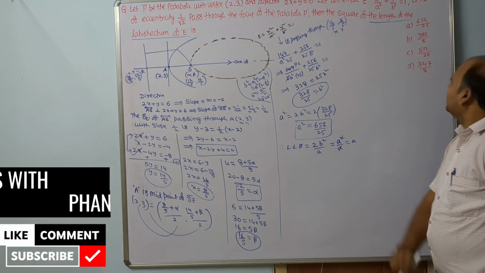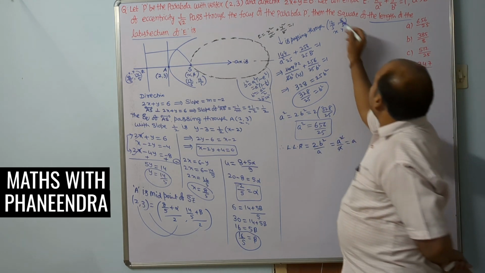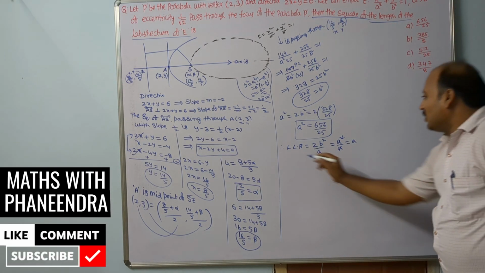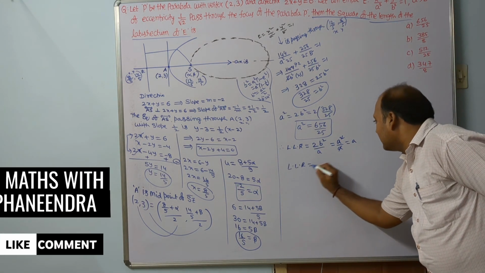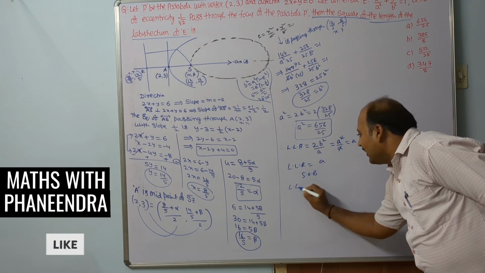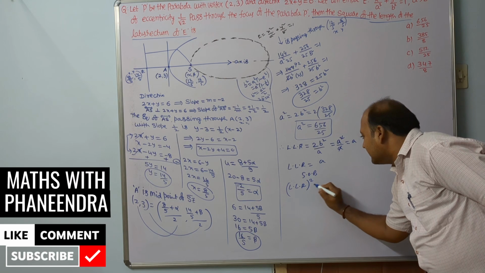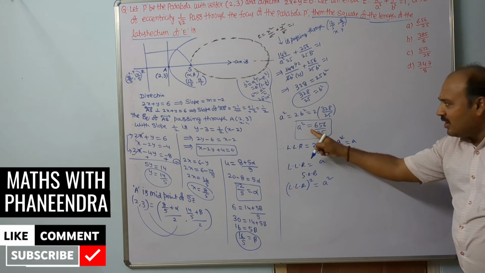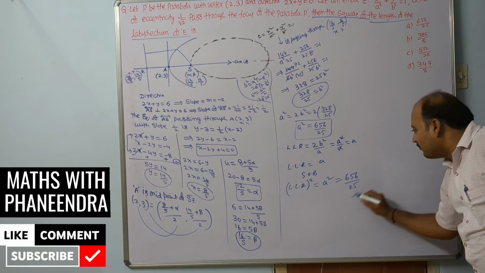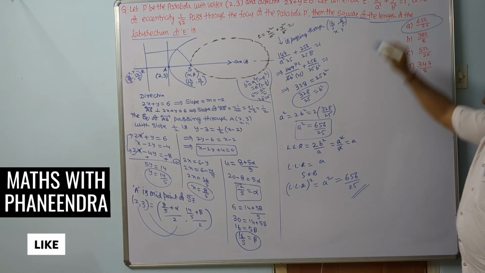From this, dear students, the length of latus rectum, by simplifying here, it is a. Squaring on both sides, length of latus rectum whole square is equal to a square. What is the a square value? We got it: that is equal to 656 divided by 25. It is there in the first option, dear students.